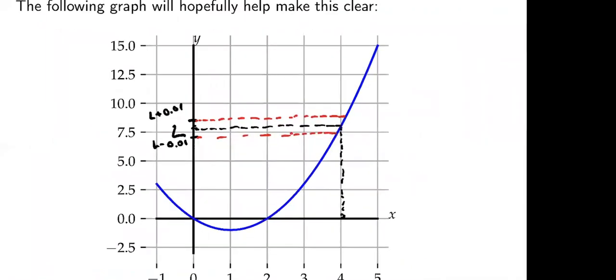Well, looking at this, f of x is between those two red lines, just between whatever x value gives me that and whatever x value gives me that, right? Does that make sense?